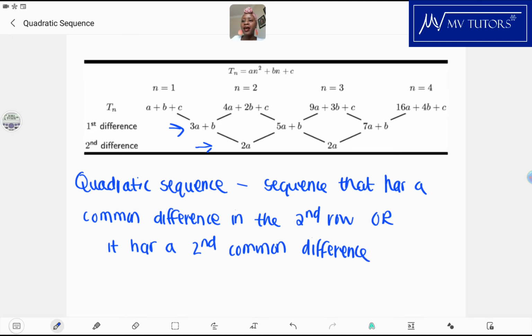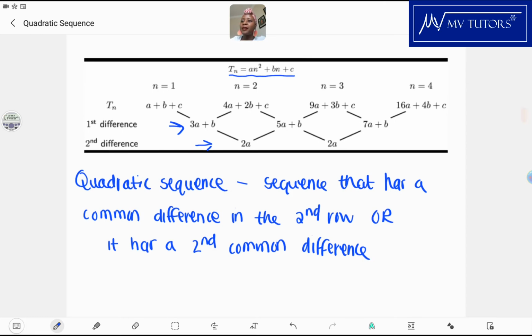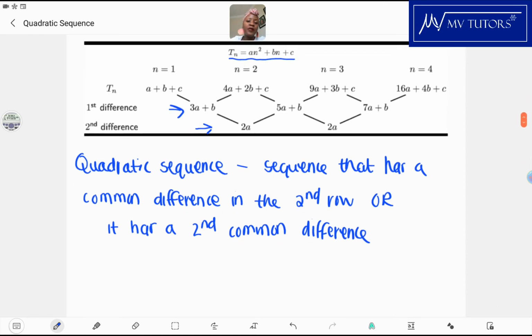Having a look at this, this is our nth term formula. This is the general formula for a quadratic pattern. Remember I said if you get a quadratic pattern, think of a quadratic function or a parabola. A parabola that would have, if a, for example, is positive, a smiley face parabola with your local minimum there.